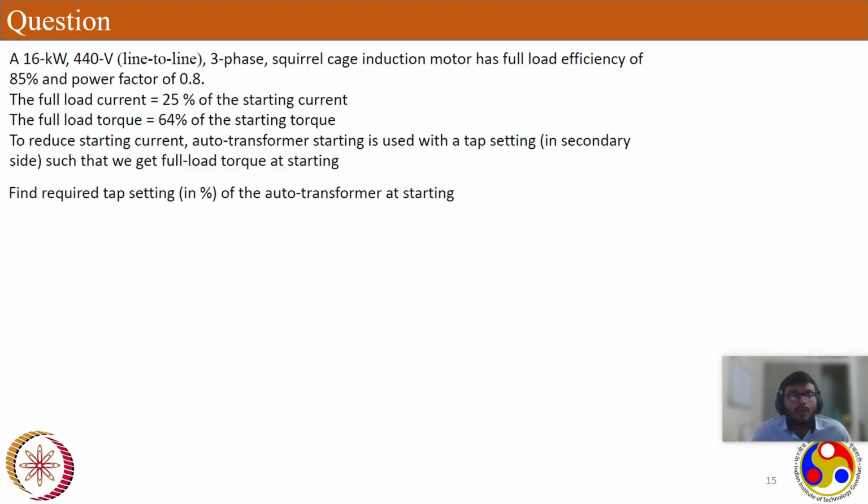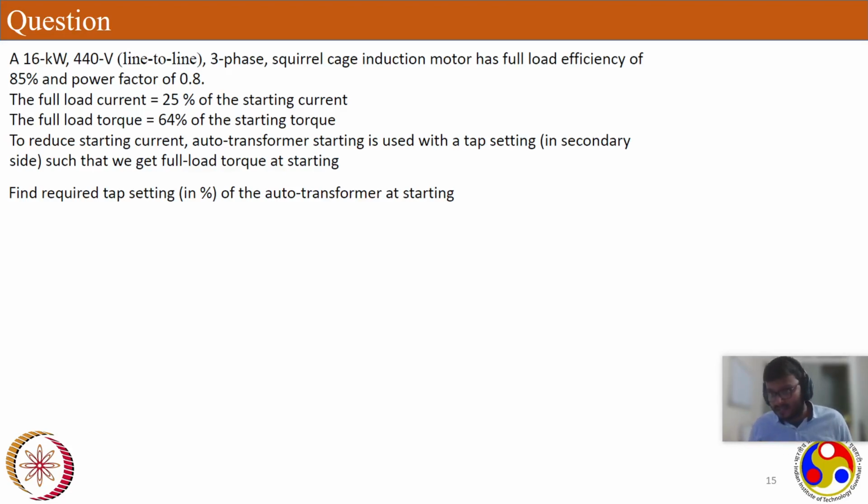Now the question, so again, something else is given to reduce the starting current. Auto transformer starting they have used to reduce the burden of starting current, and the tap setting we don't know, but they are saying that by keeping that particular tap setting, they are getting the full load torque at the starting itself.